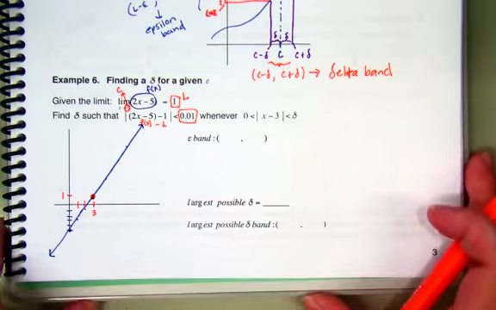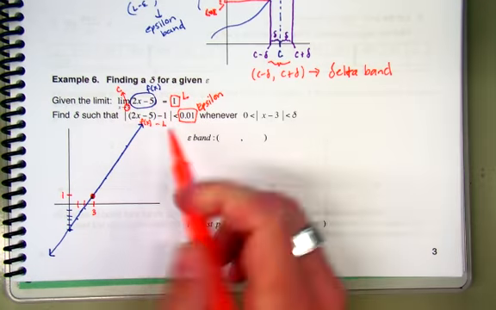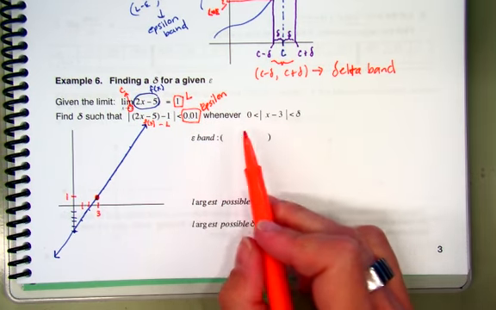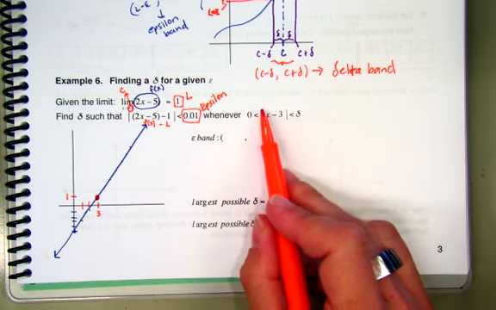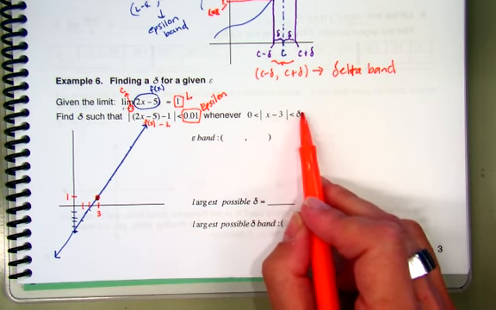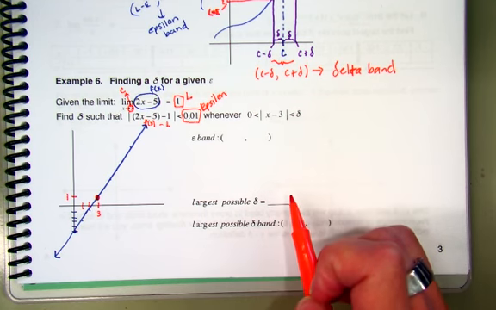They're kind of hiding it in there for you. So they gave you the function, the c, the L, and the epsilon. Whenever 0 is less than the absolute value of x minus 3, there's your x minus c, which is less than delta. We have to find delta. That's our goal.